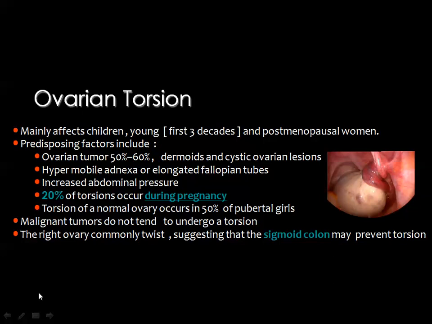Then malignant tumors do not tend to undergo torsion, of course, because of the invasion and infiltration of the surrounding, making the ovary immobile. Then the right ovary is a common site for torsion, and it is suggested by the literature that the sigmoid colon may have a role in preventing torsion of the left ovary.